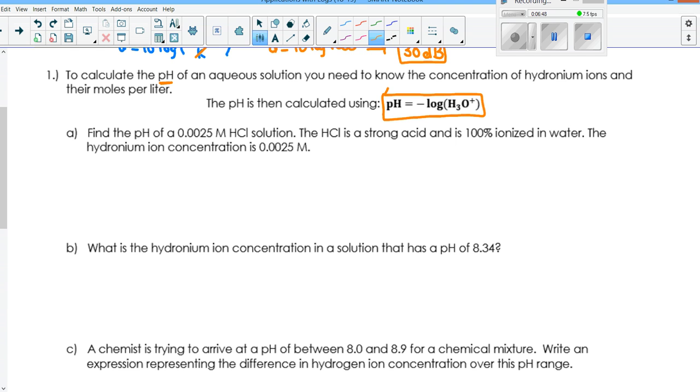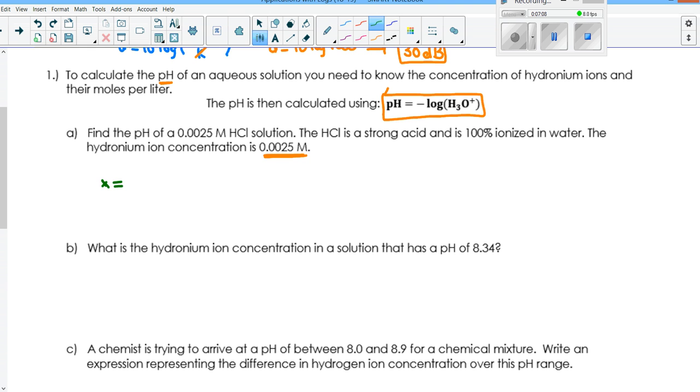The hydrogen ion concentration is 0.0025 moles. Okay, so some verbiage in there kind of gets confusing. But notice it says find the pH. So a good way to start is saying, in this equation I don't know the pH, so I'm going to call that x.